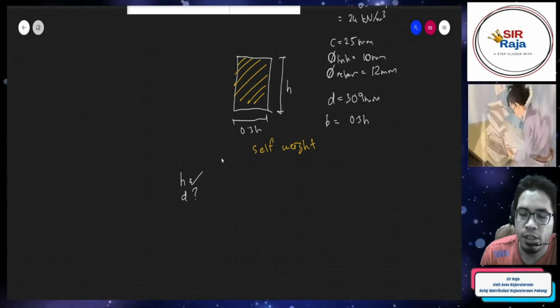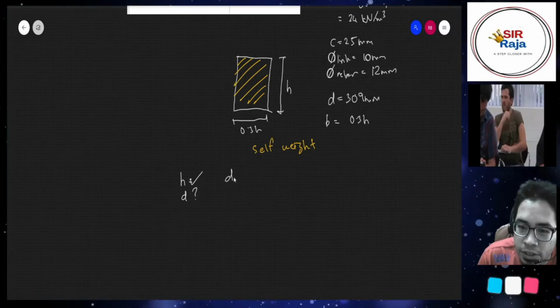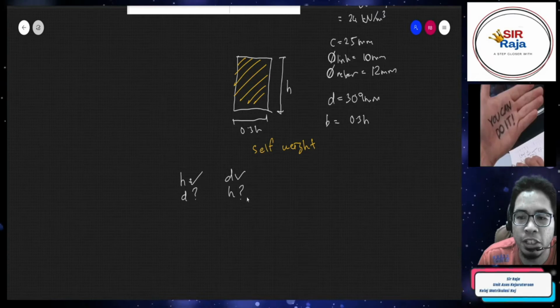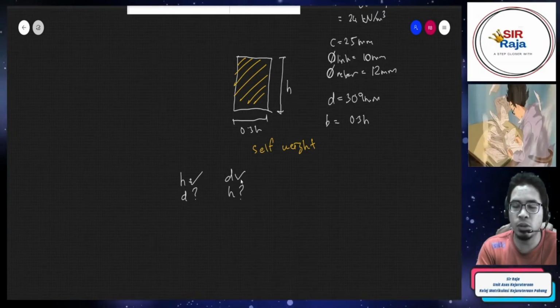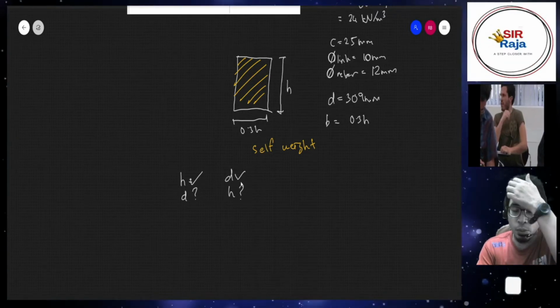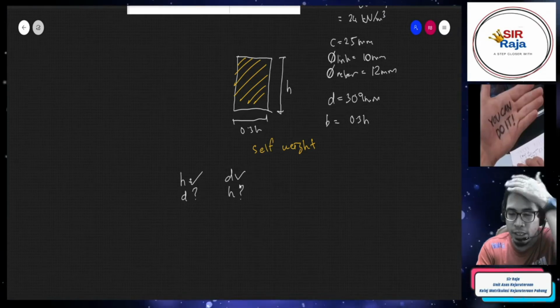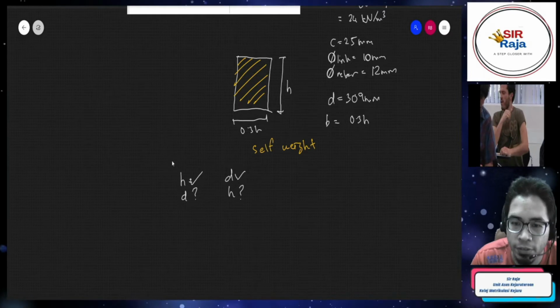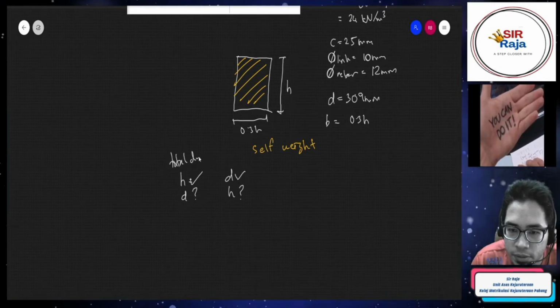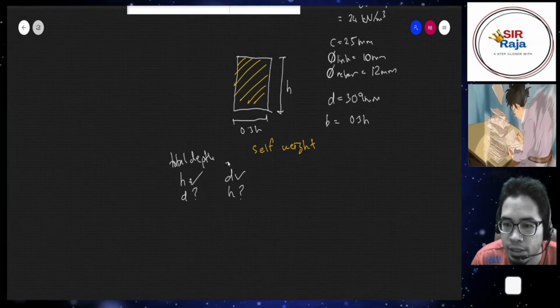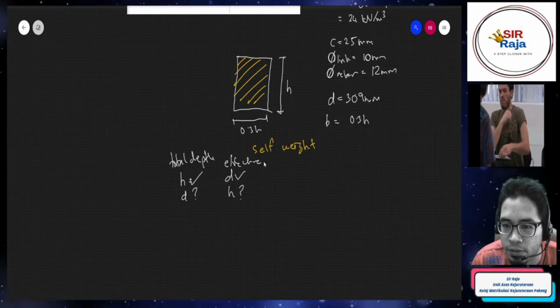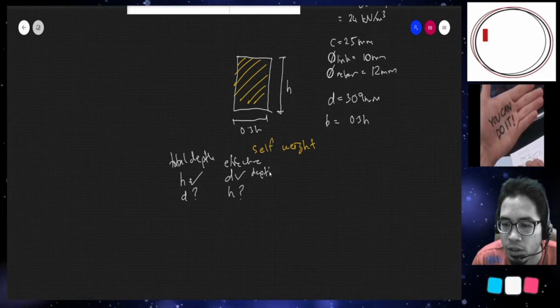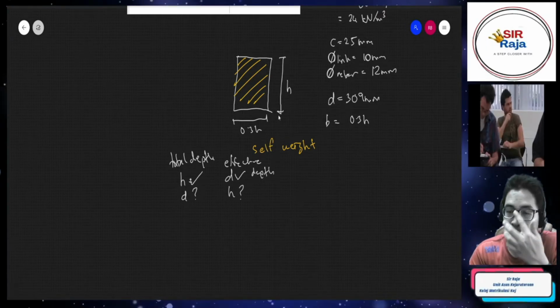Now D is given, and you want to find H, class. It is so important to check whether you really understand what exactly D and H are. H is the total depth, and D is the effective depth. So here the D is given.